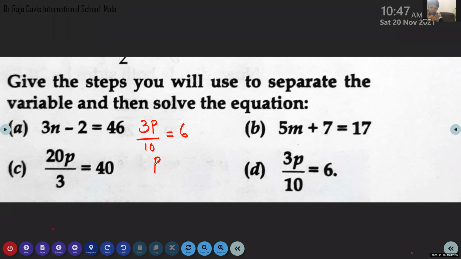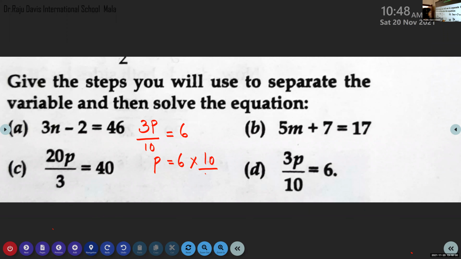So p is equal to how much? P is equal to 6 into 3 by 10. I told you to try while transposing. Numerator will become denominator. Denominator will become numerator. 10 by 3. So 10 by 3.